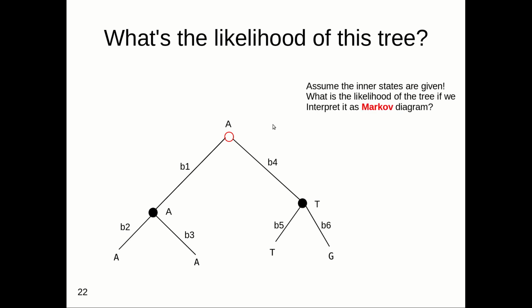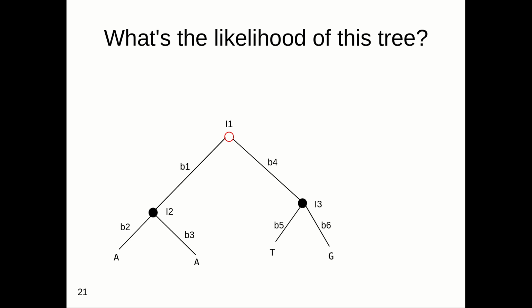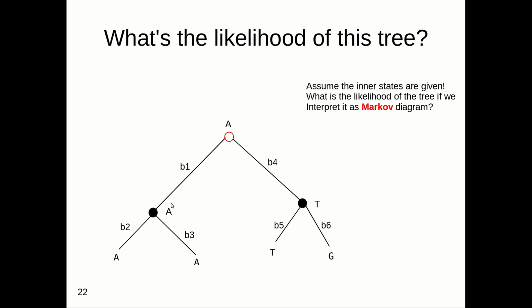Okay. So how do we go about computing the likelihood of such a tree? For the sake of simplicity, let's initially forget about the fact that we don't know what the inner states are here, but let's assume that the inner states are given. So now, what is the likelihood of the tree if we interpret this tree as a Markov diagram?